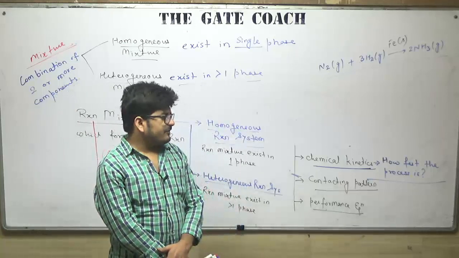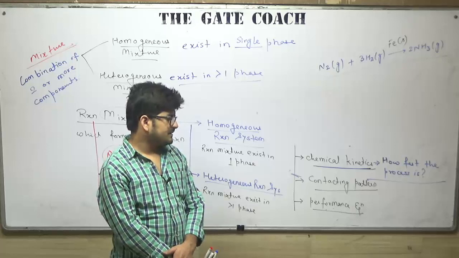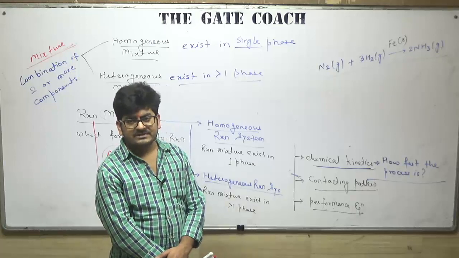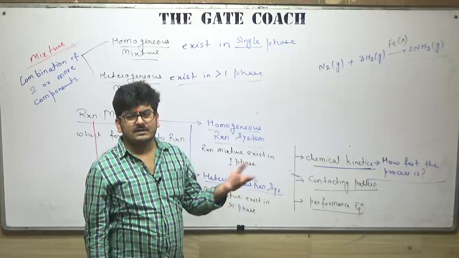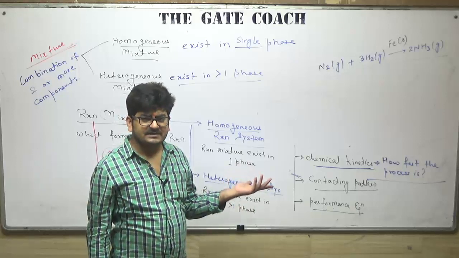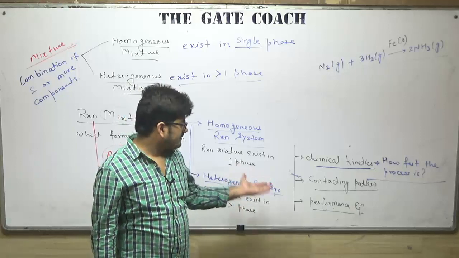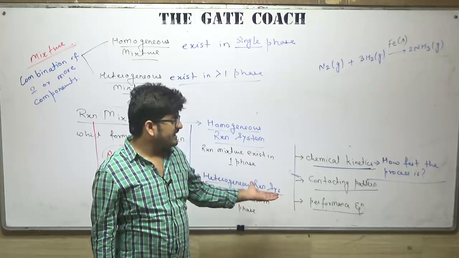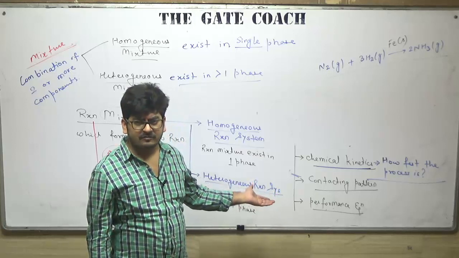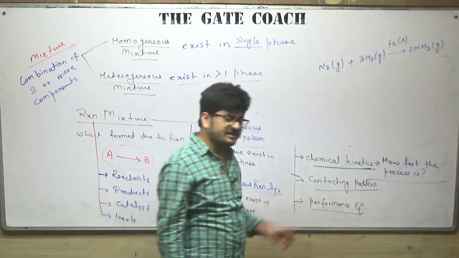And next is performance equation. And what is performance equation? As the name suggests, any equation which relates the variables which will help us to find out the performance of the system, performance of the reactor.